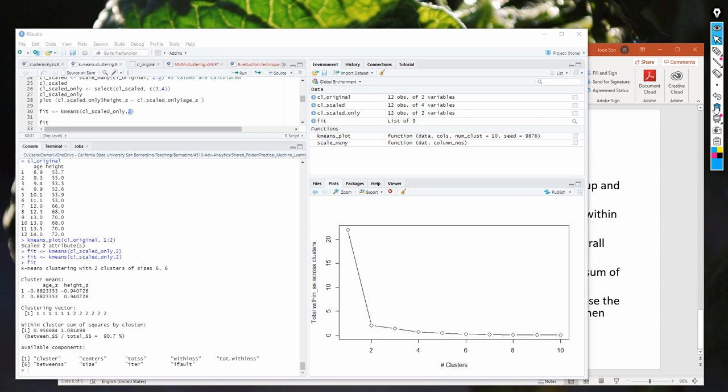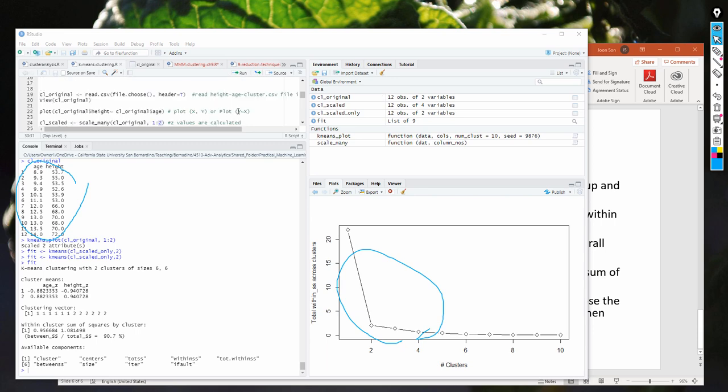So I want you to know these couple of variables and to read the results, because that analysis is very important. Now let's look at this analysis. This is my data, age and height, and in the previous lecture we saw that we have 2 clusters.